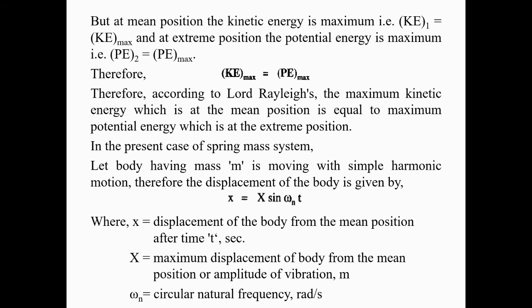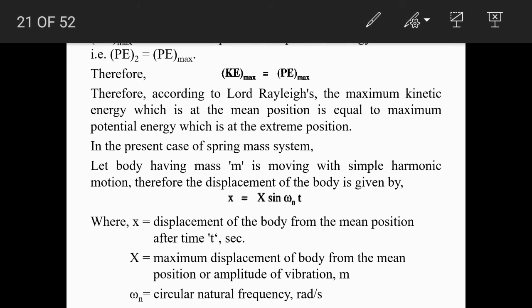We need to find out displacement x and velocity x dot to get the equations of kinetic energy and potential energy. Here we know that the vibration is in the form of simple harmonic motion, and we already have the equation of displacement for simple harmonic motion: x is equal to capital X sine omega t. So from this equation we can get displacement at any instant of time.